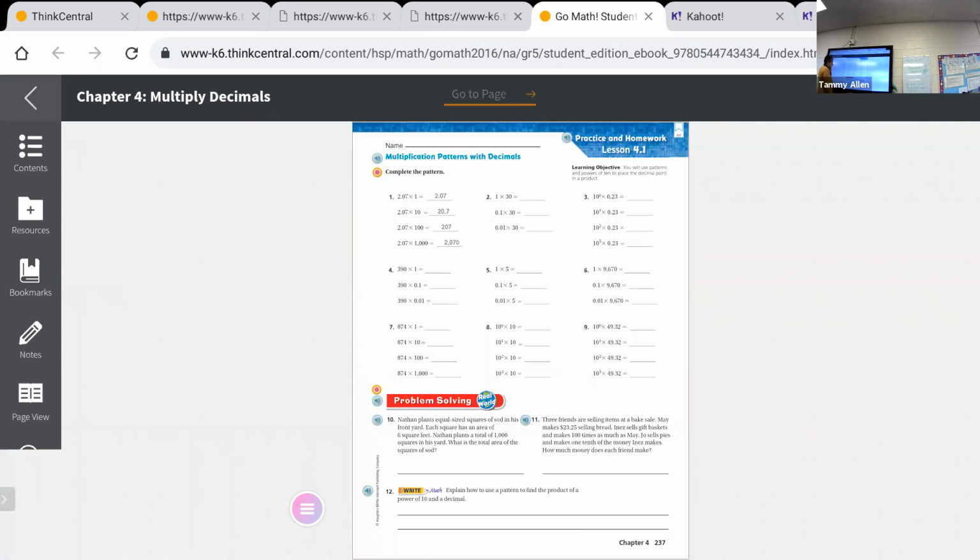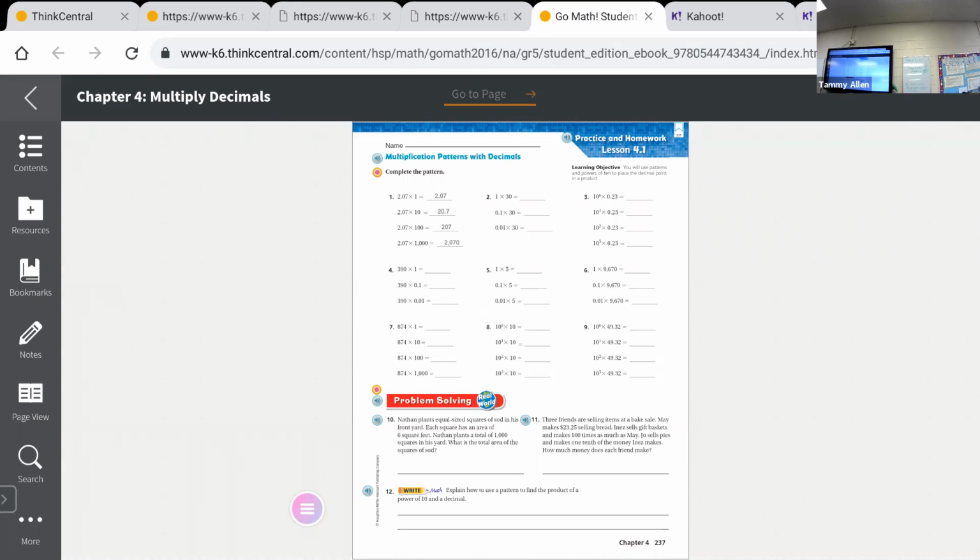As we take a look at your answers on page 237, to speed things up today, I'll read the answers. Most of you did a nice job of showing me how the decimal point moved using the arrows. Number 2, 33 3/10.